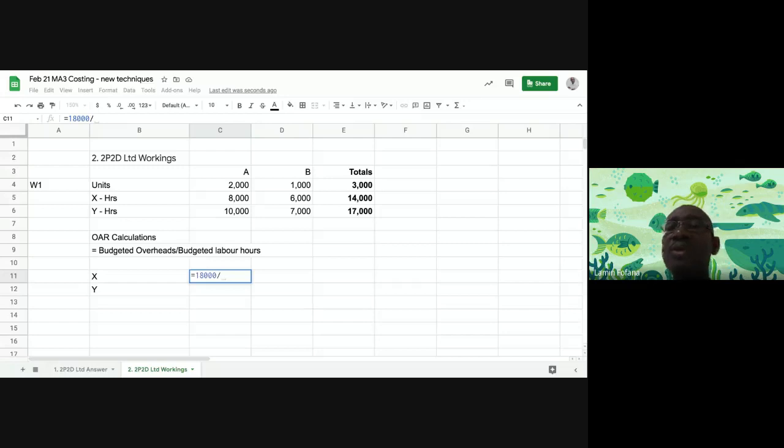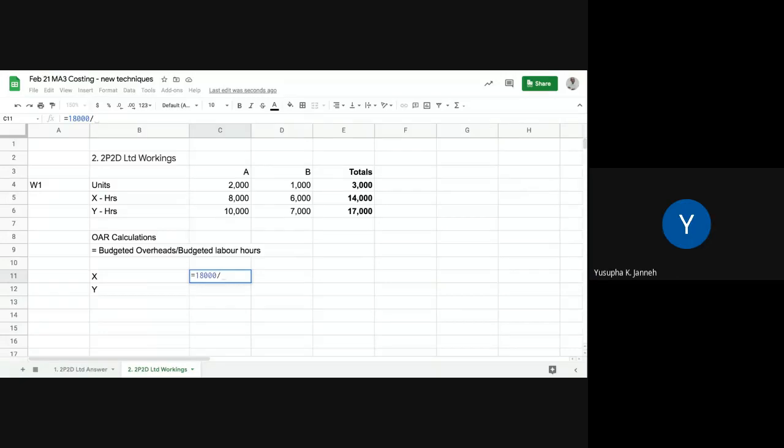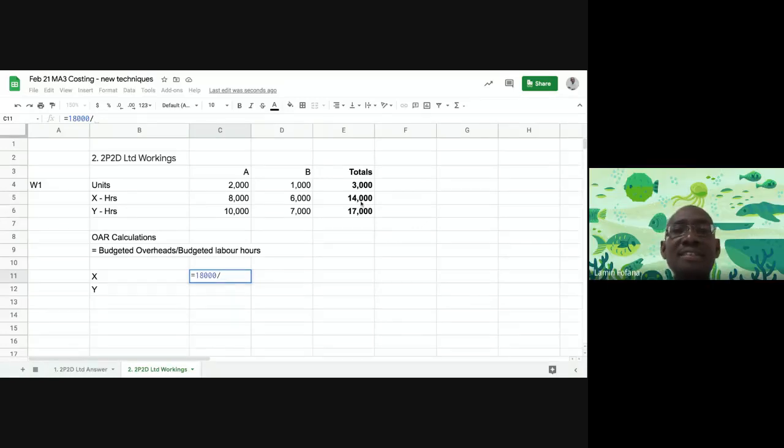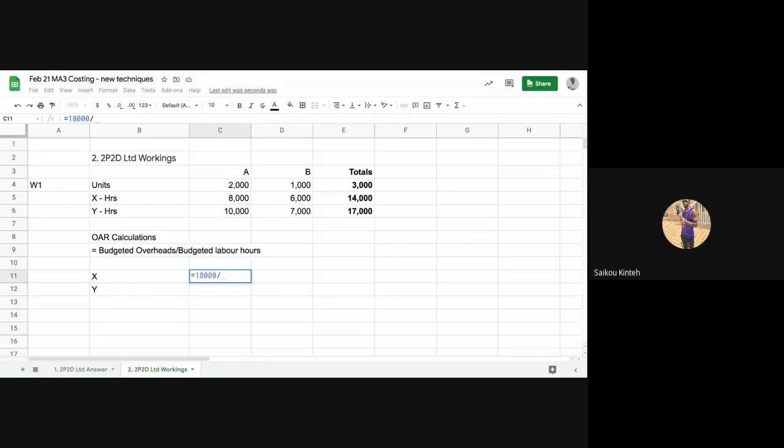So which cell are we going to use? Divided by? We're going to use cell E6. Is it E6? No, E5. Yeah.